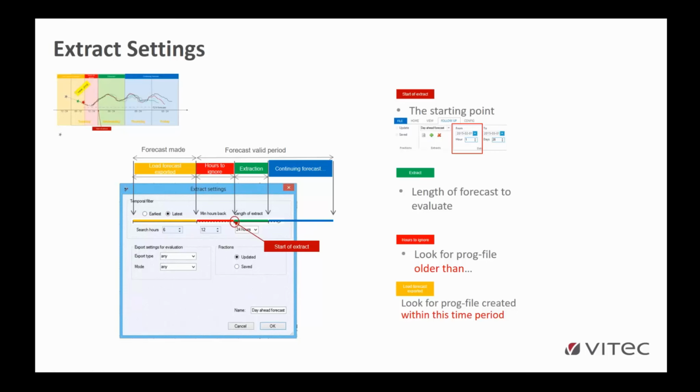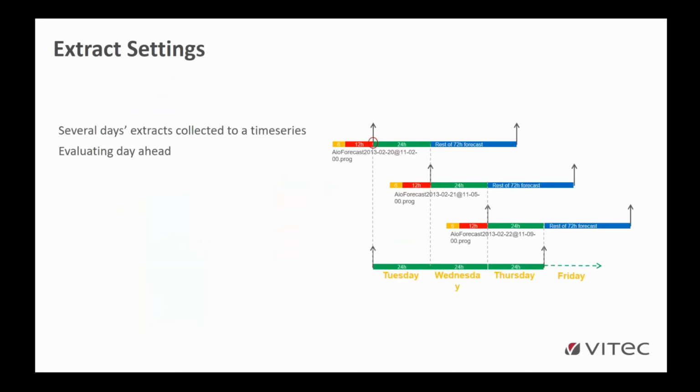And when we have specified this, then you make a forecast each day. Our way of doing this is building a timeline from several forecasts, so that you're always evaluating the day ahead forecast.